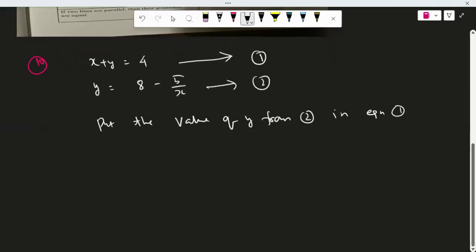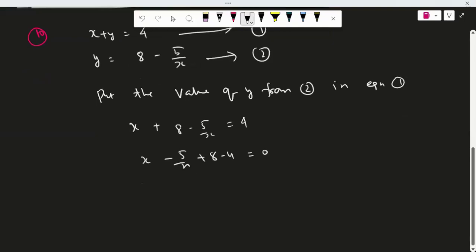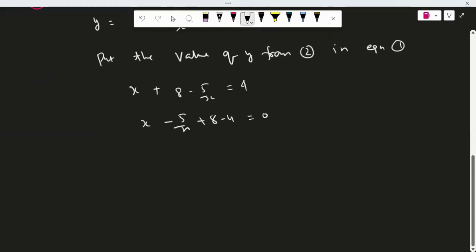So we have x plus 8 minus 5 over x equals 4. Before taking the LCM as x, we can write x minus 5 over x plus 8 minus 4 equals 0. Further, x minus 5 over x plus 4 equals 0.